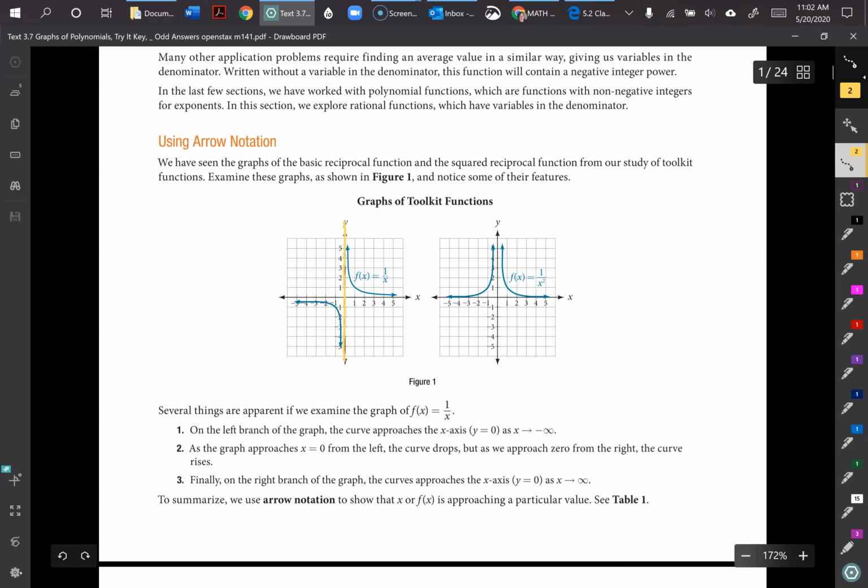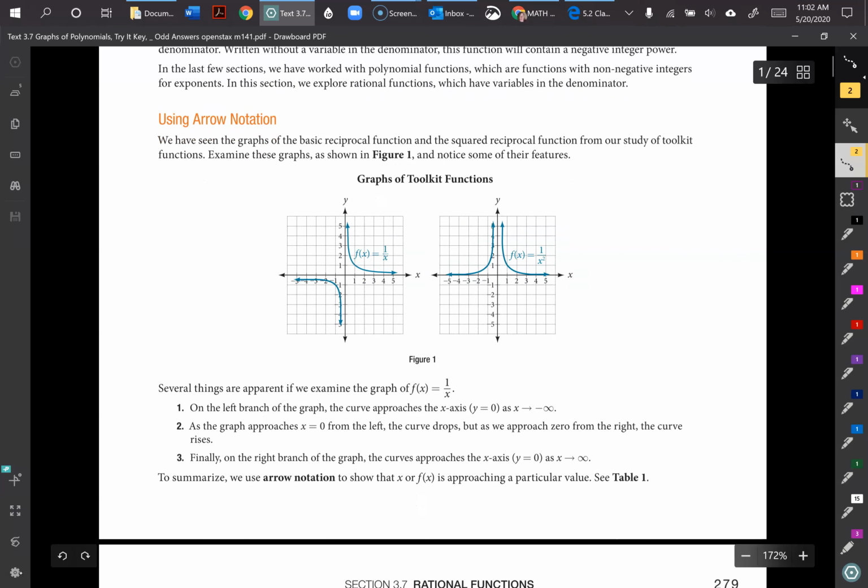So here's my vertical asymptote, x equals 0, and I have this piece going downward, so it's decreasing, and then this other side is increasing, then I know I have a first degree down there.